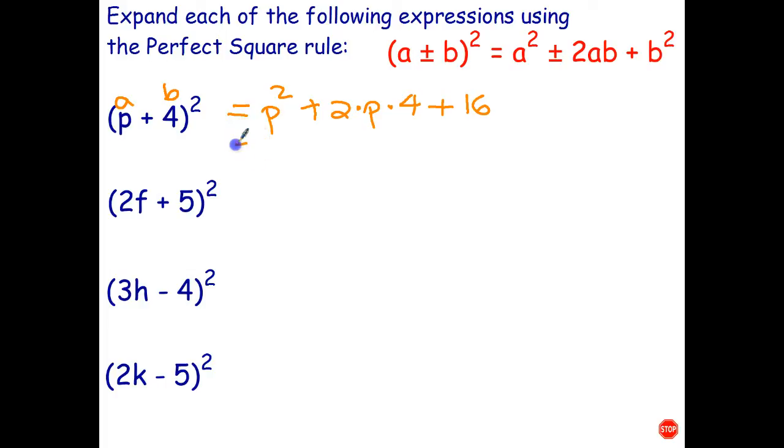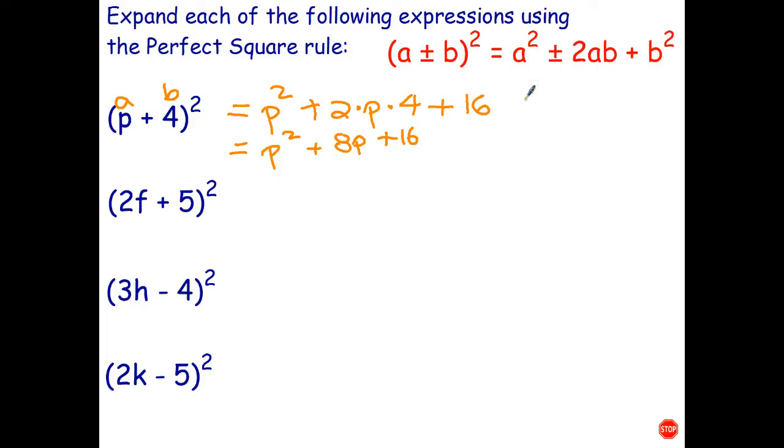And I'll put the second part of it down there. And then finally, 2 times p times 4, we'll multiply the 2 by the 4, which is 8 times p. So plus 8p plus 16.